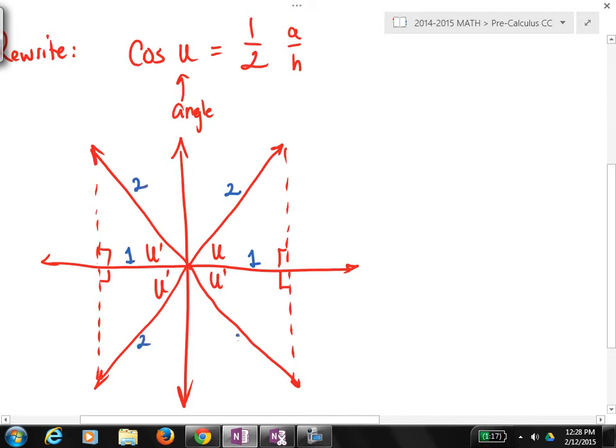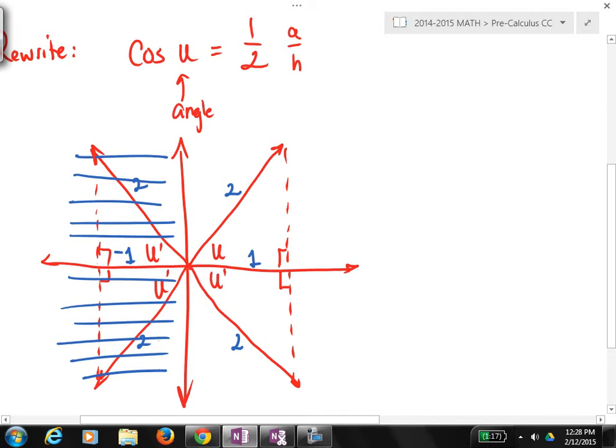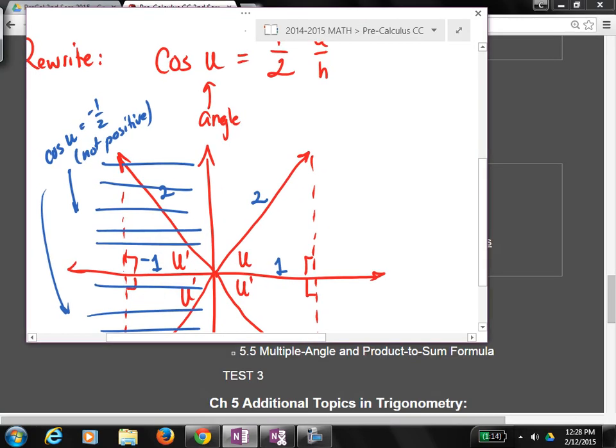So remember that if it happens to be negative, you worry about that based on your sketch. On the sketch, this one has to be negative, so automatically I can eliminate these two quadrants, and we'll make a note on here and indicate that cosine of u is actually negative 1 over 2, not positive the way they want this to be.